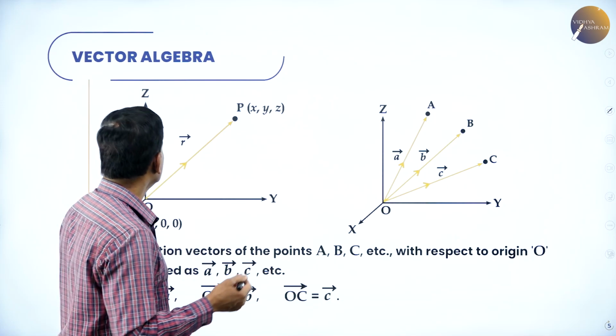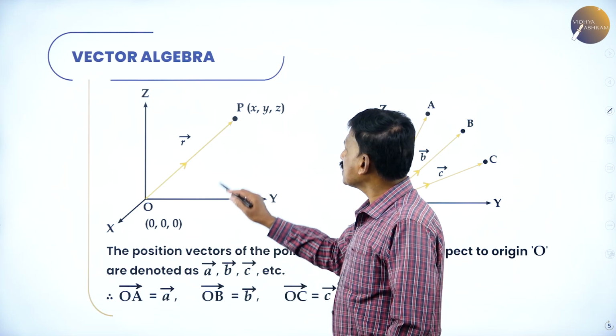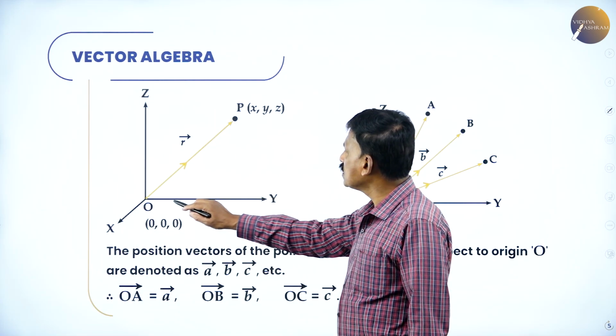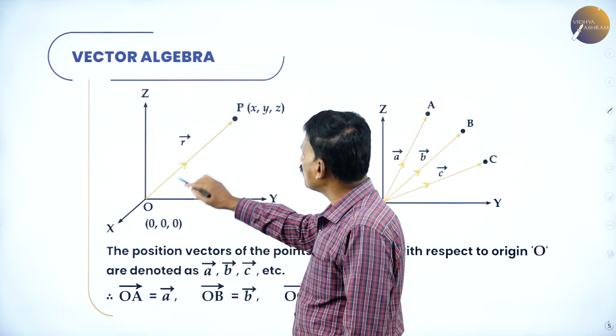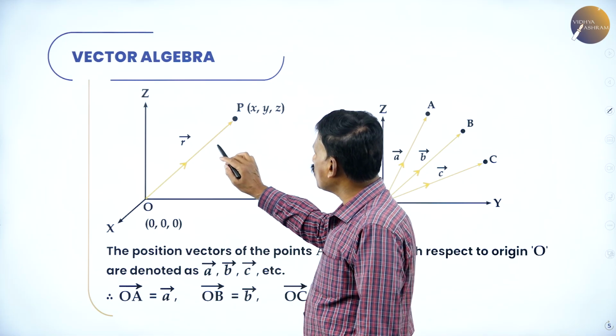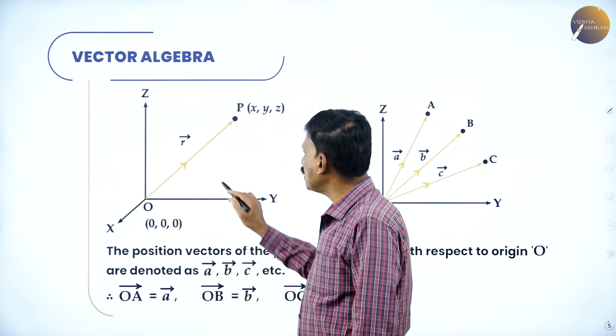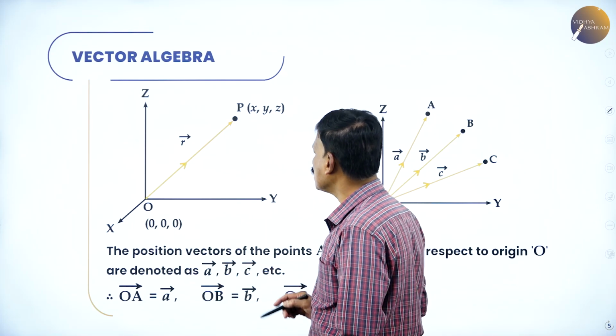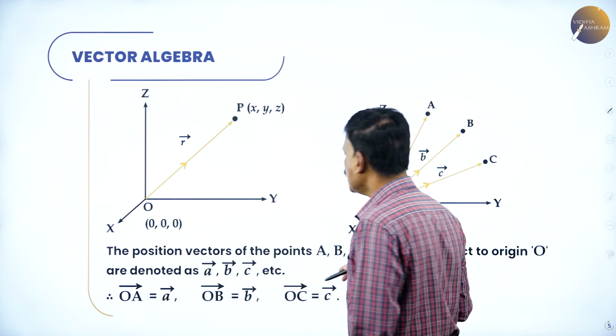Now see, this is the position vector. Let P(x, y, z) be any point. The position vector of P is vector OP, where i cap, j cap and k cap are the unit vectors along the x axis, y axis and z axis.